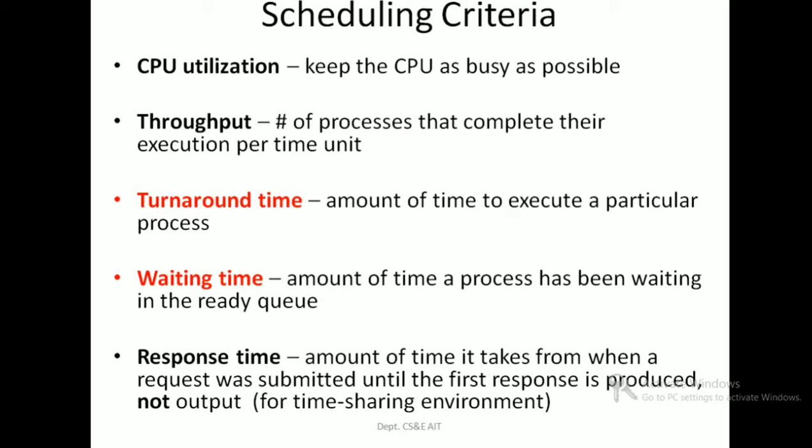The definitions are as follows. The turnaround time is the amount of time to execute a particular process. Waiting time is the amount of time a process spends waiting in the ready queue. Now how we calculate these two in different algorithms is what we will be discussing further.